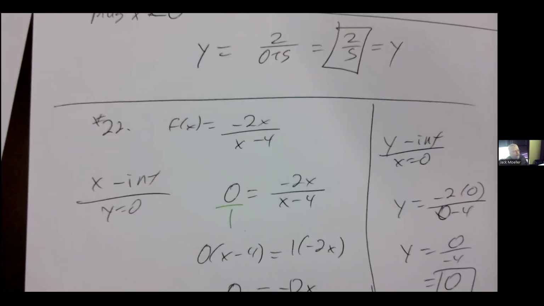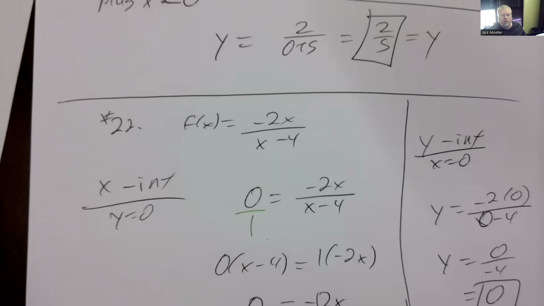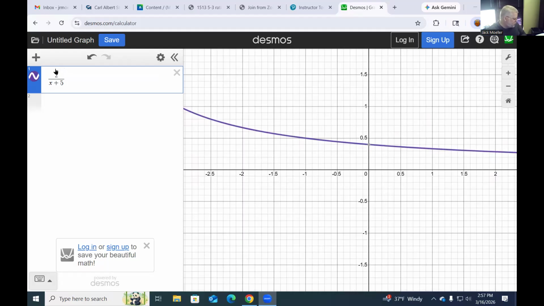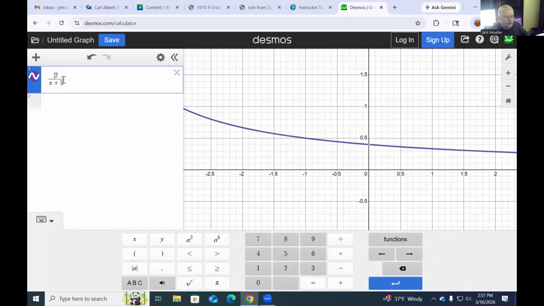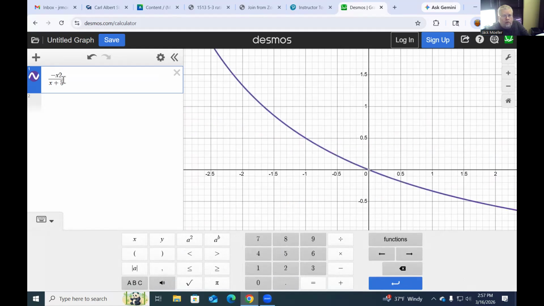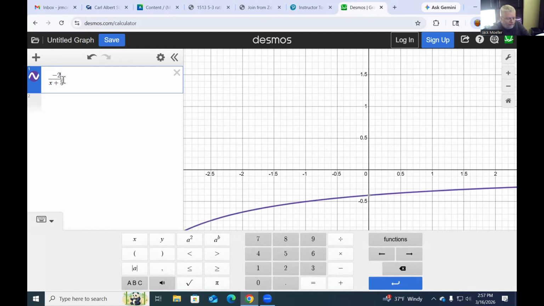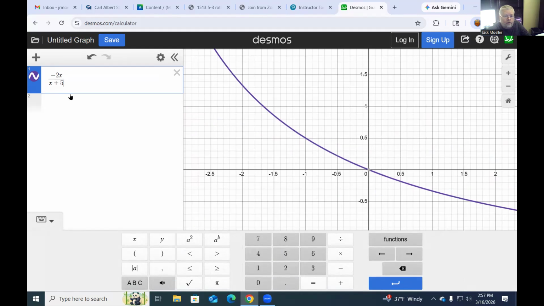So let's graph this one. All right, so we have top negative 2x. The bottom, we've got x minus 4.